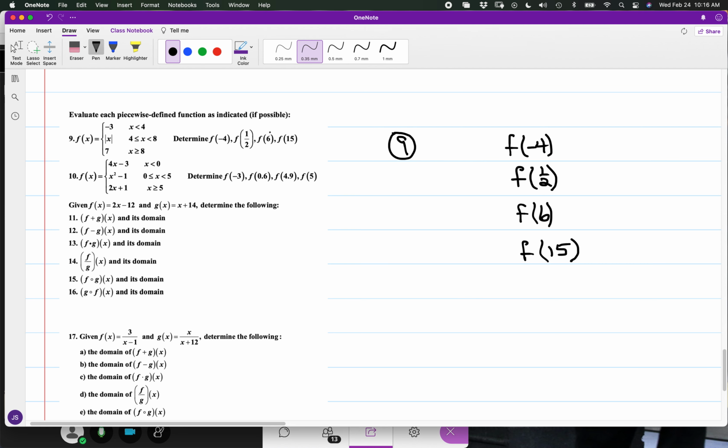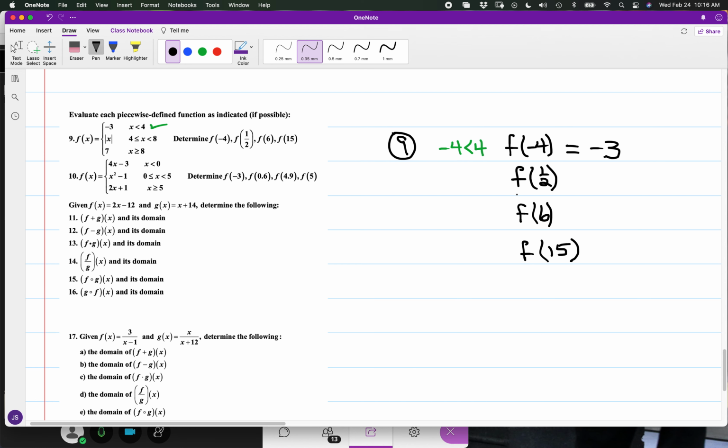So for f of negative 4, we have negative 4 is less than 4. That is going to be a true statement. And so right away, f of negative 4, or f of any input less than 4, is going to result as negative 3.